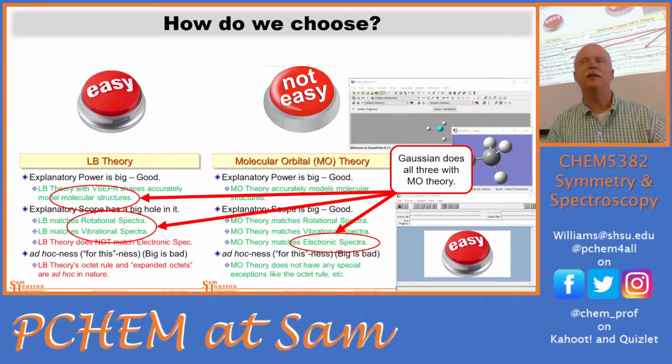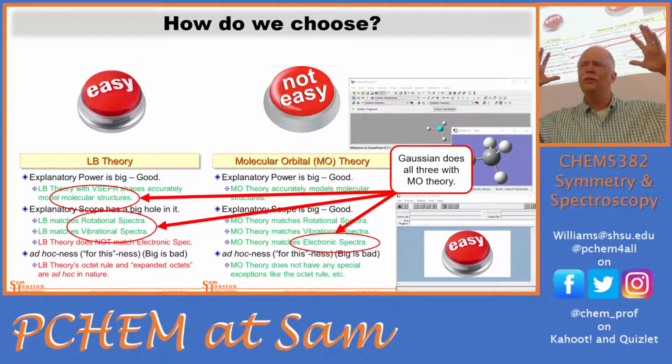Yeah, so you bring in the checkpoint file. So we've been dealing with the log file, which has the output. The checkpoint file has all of the wave functions for the molecule, which are the molecular orbitals. So you read in the checkpoint file, and there's a feature in GaussView called the molecular orbital editor, MO editor. And you go to that, and then you can click on it and say, go ahead and create what they call cubes.